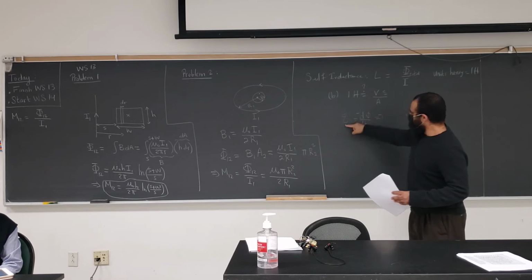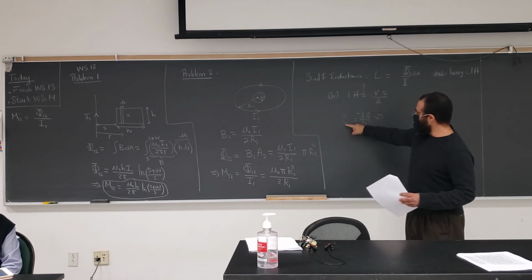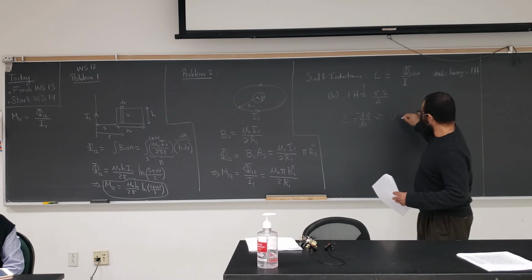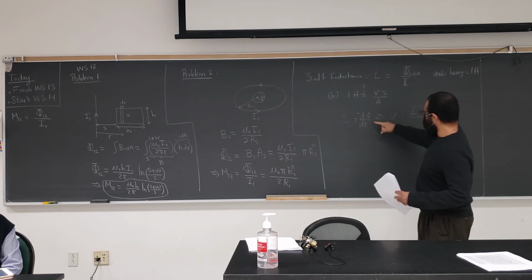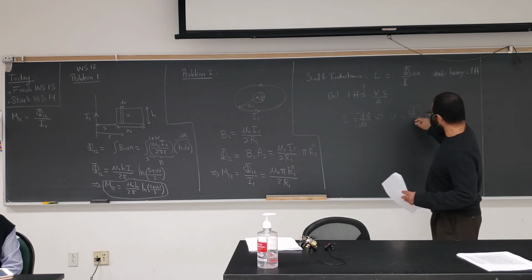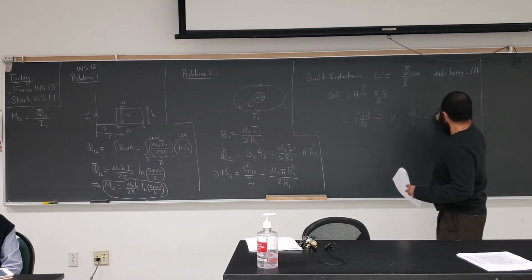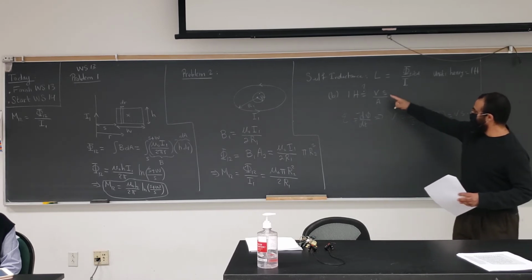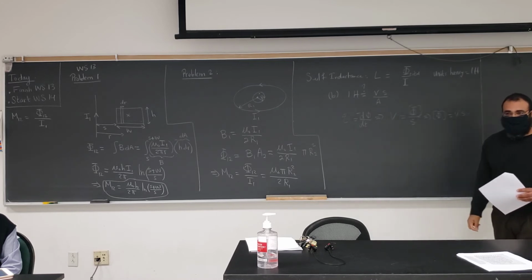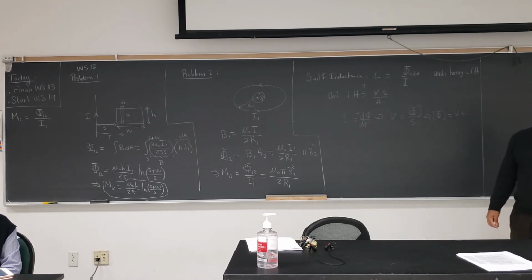But what is the EMF in units? Volts. And here I have units of flux over time, d phi dt. What are the units of time? Seconds. So the units of flux are actually volts times seconds. So yes, B is correct. Now it's your job to do C, D, and E.